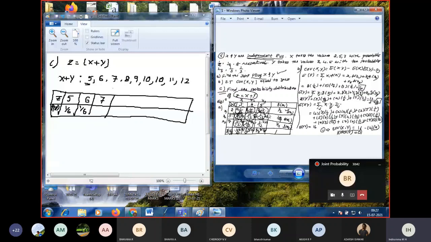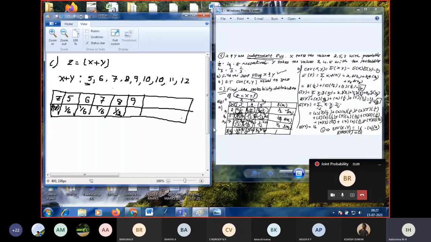What is the probability we got? 1 by 6. Next come to 8. 8 is obtained when x is 5, y is 3. The probability is 1 by 12. Next come to 9.